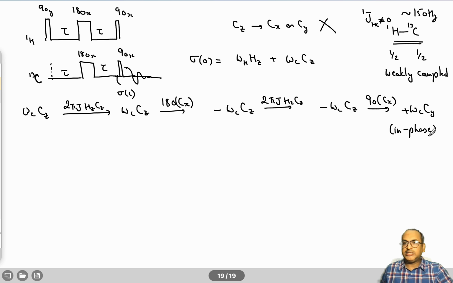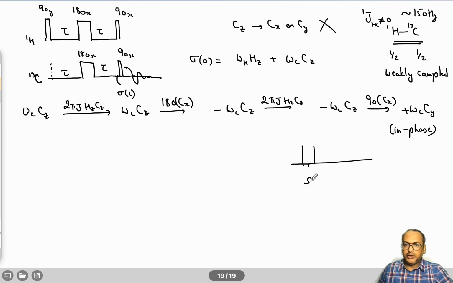So sigma 1 is in phase here, and if now I evolve this and take a trace, what do I get? I will get an in phase doublet, right? Because it is coupled to proton, I will get an in phase multiplet. So the spectrum I will get is something like this. I'm sure you should be able to do this evolution using chemical shift and scalar coupling, and then take a trace with I plus and then do Fourier transformation.